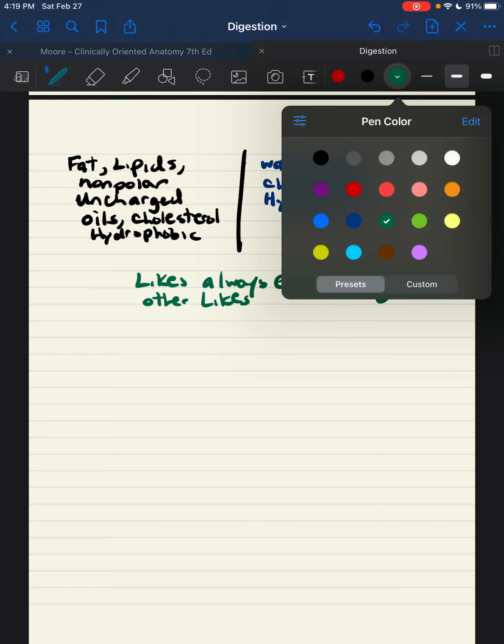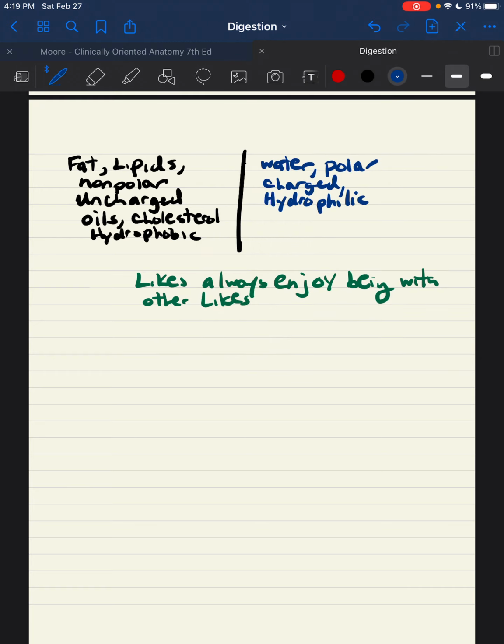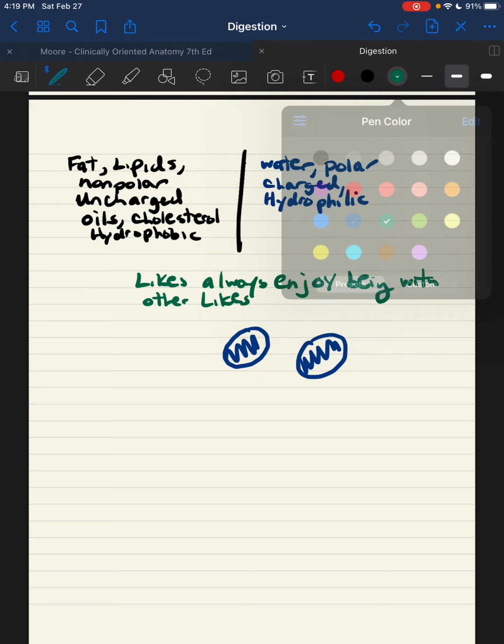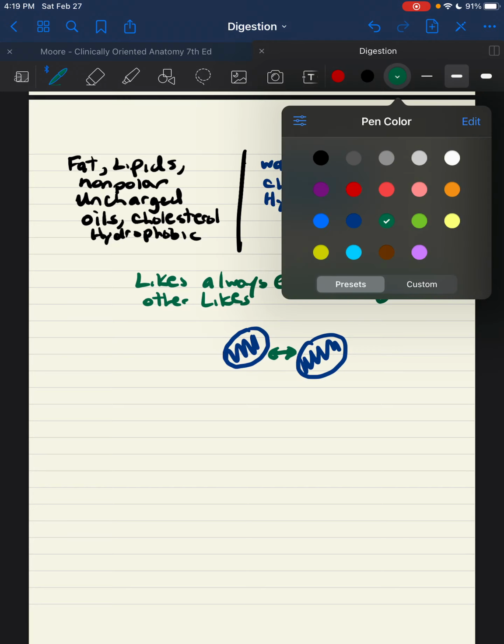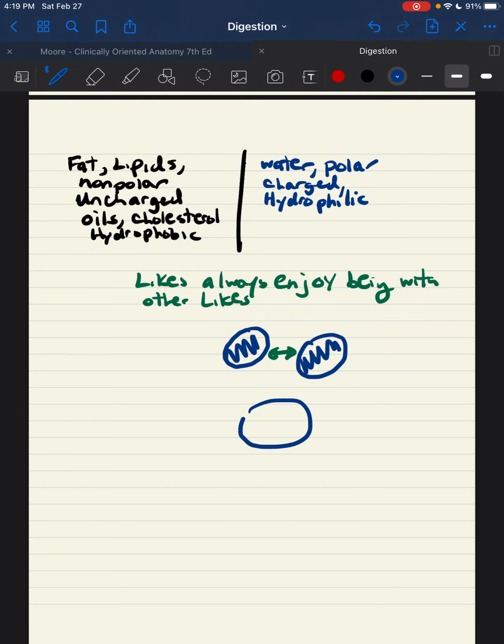In other words, if you are a water molecule, here's a little water molecule, and there's another water molecule right here. Naturally, by chance, you will gravitate towards each other. And eventually, you will become a larger water molecule.